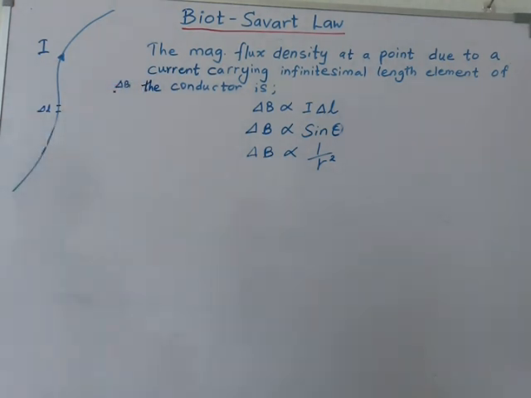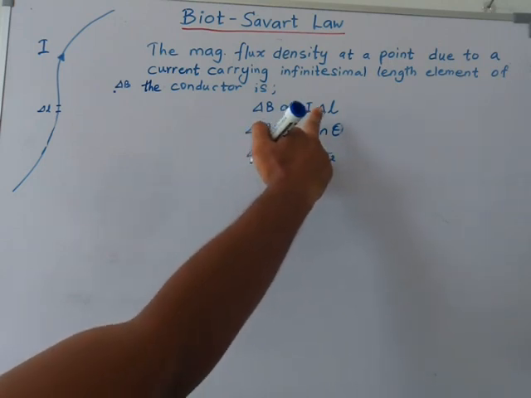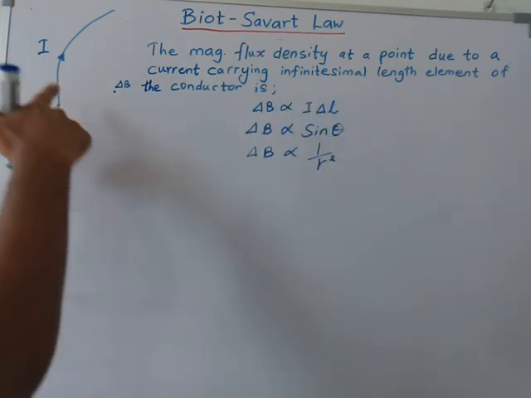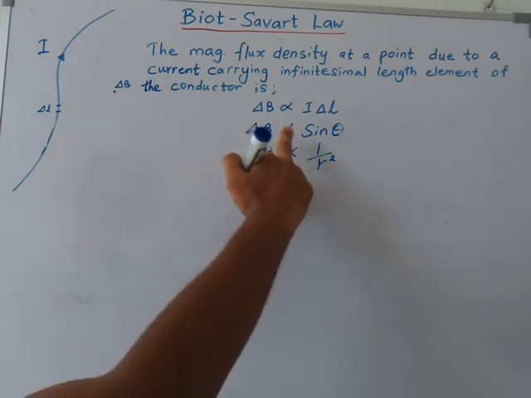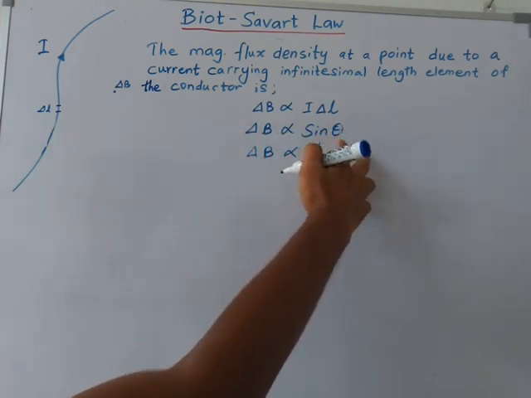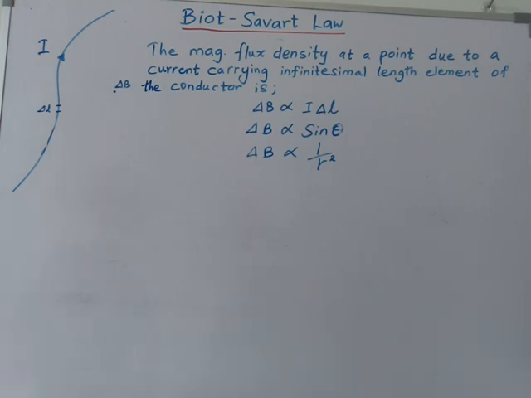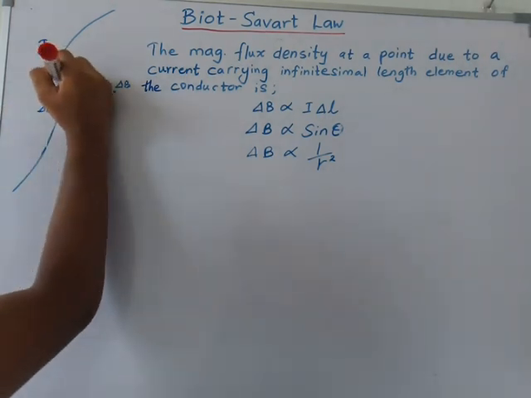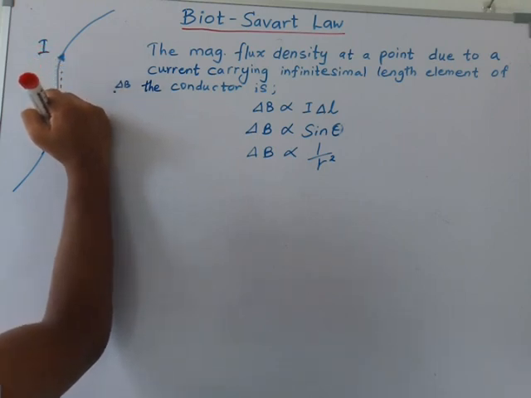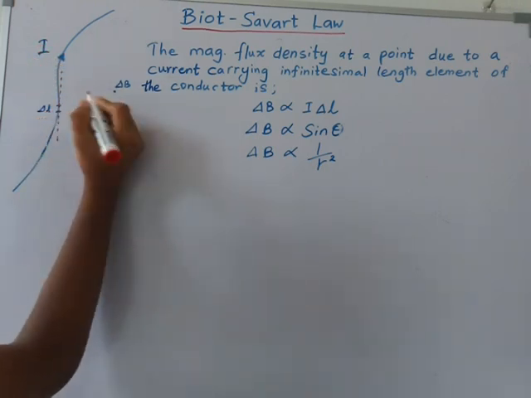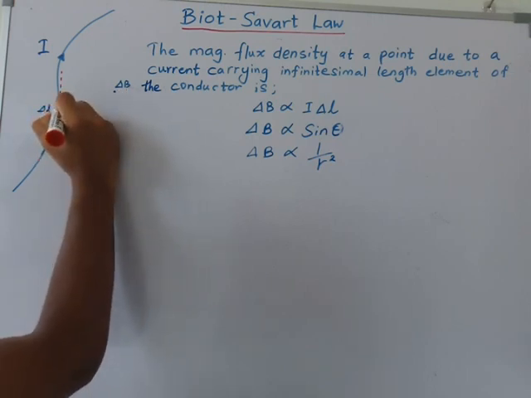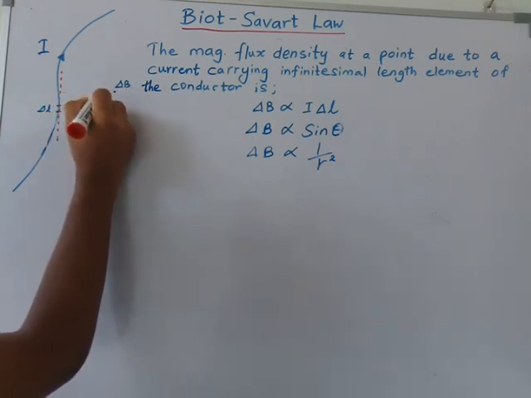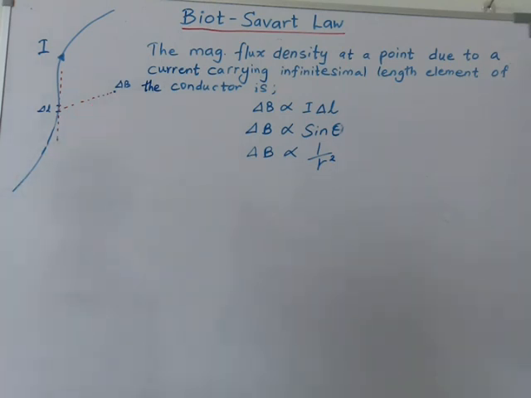Then it says delta B is proportional to I times delta L, where I is the current and delta L is the length element. And also it's proportional to the sine of the angle theta. Here theta is the angle between, I can show you if I draw a tangent to this length element, and a line joining this length element and the point where you want to find the magnetic flux density.